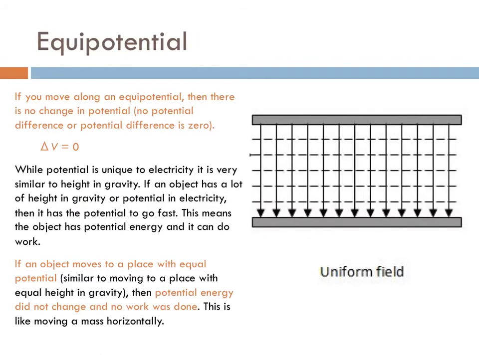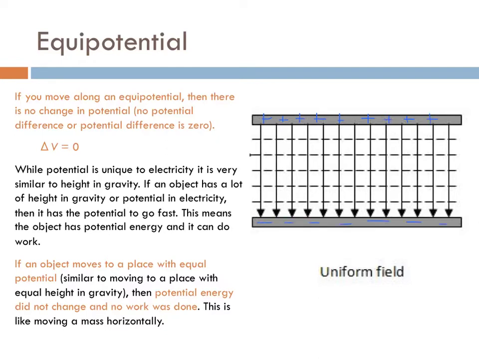Again, in our last video, we saw that if you move along equipotential lines, then there is no change in potential, no potential difference, or potential difference is zero. So we saw that looking at our picture over here, because my electric field is going down, that means that I have to have a positive charge up on top and a negative charge down at the bottom.